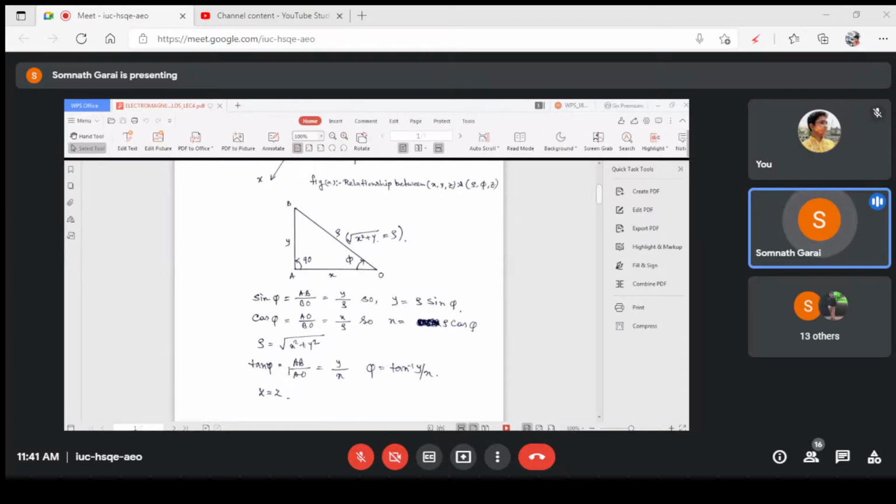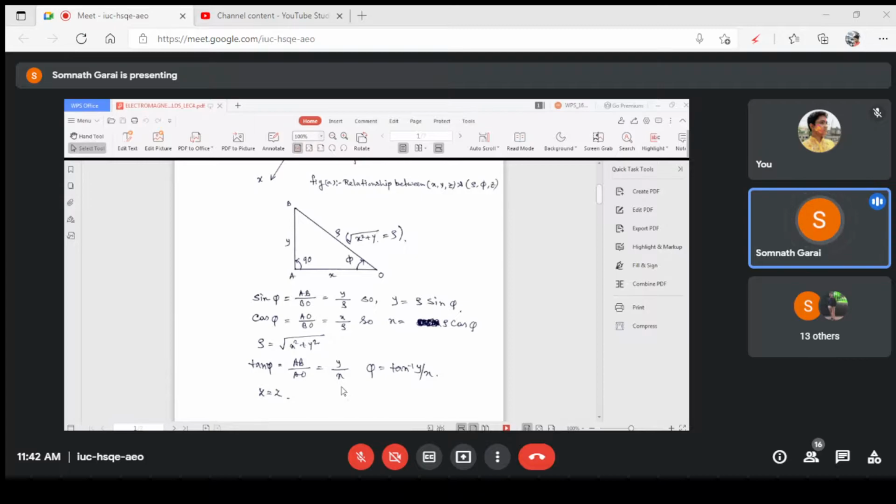The value of AB is equal to Y and the value of AO is equal to X. So tan phi is equal to Y by X. Now we determine that phi is equal to tan inverse Y by X.